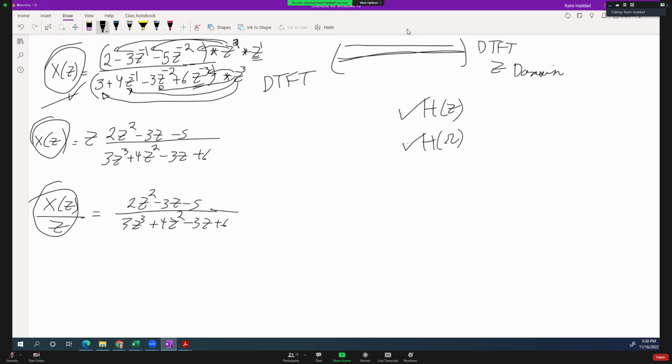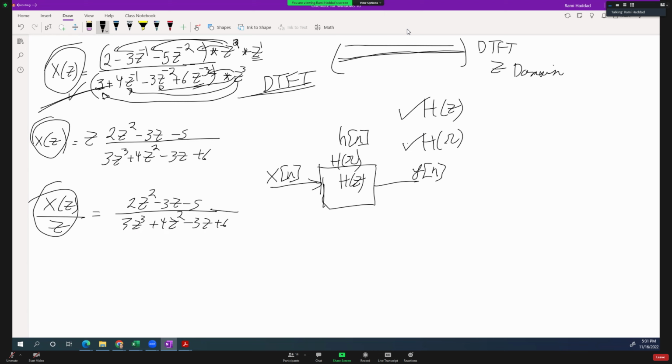So basically all our work is in discrete time signals and systems, which means if you have a system, the system has an H of omega or H of Z, or can be represented with an H of n as an impulse response. You have an input to the system X of n, and you have an output Y of n.